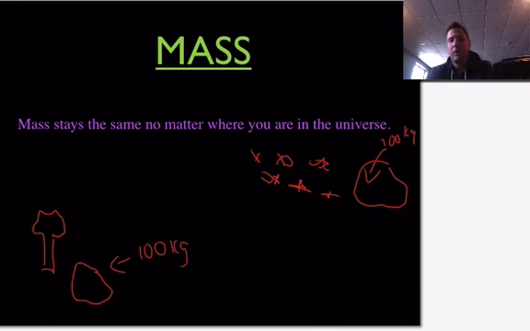It might float because of the lack of gravity, but it's still 100 kilograms. No matter where you are in the universe, the mass will stay the same, because mass is measuring the amount of particles in a substance. So whether it's down by the tree in the forest or up in space, it's still going to have the same mass.